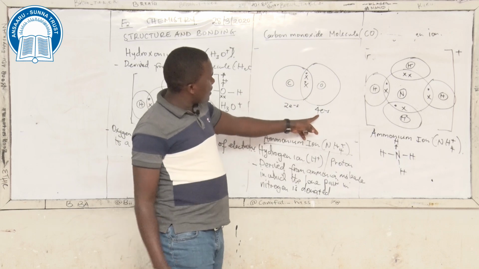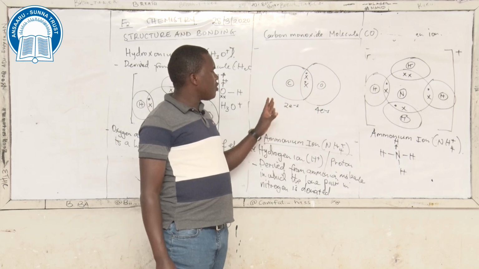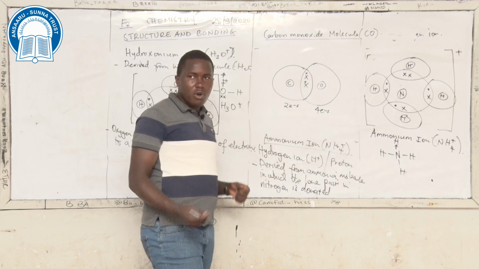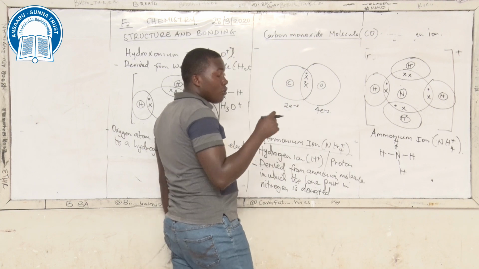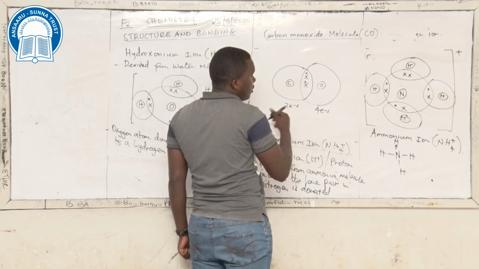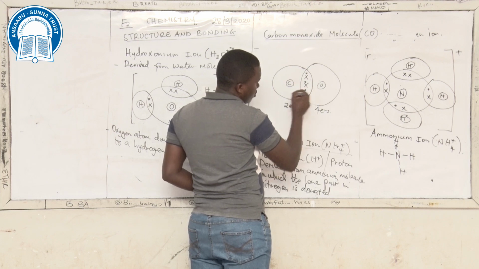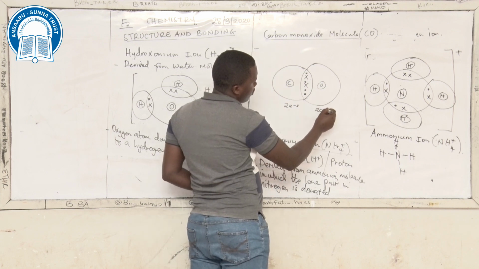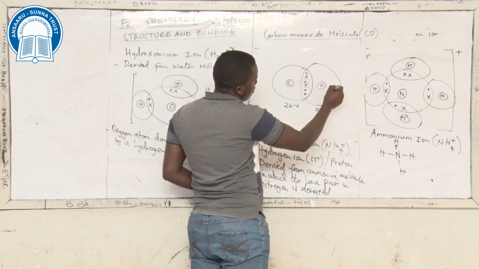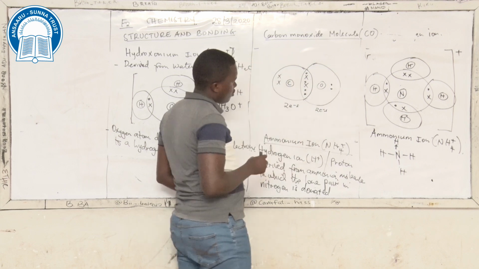So if you represent the lone pairs of oxygen, oxygen will be stable because it will have 8. But what about carbon? Carbon will not be stable. So oxygen will decide to give a lone pair of electrons to the bonding space, so those ones have come from oxygen. So oxygen also has 2 remaining, which will be represented there, and the carbon also has 2.